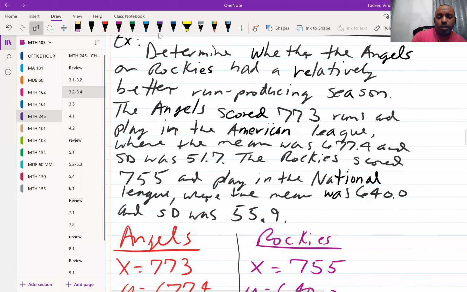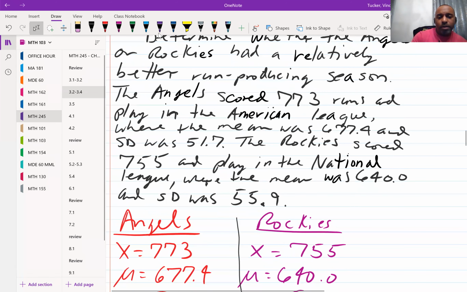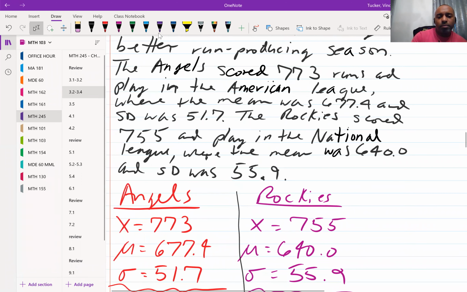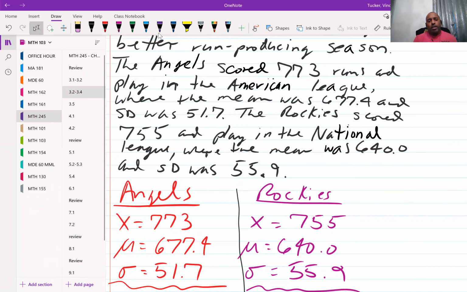So just like before, you want to write down the given information. The Angels had our data value, the run producing season of 773. The mean for the American League was 677.4, which is where they play, and then standard deviation 51.7.